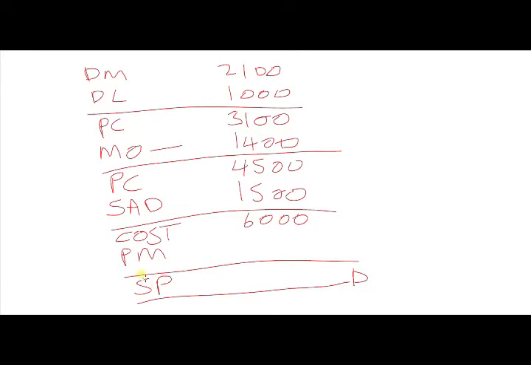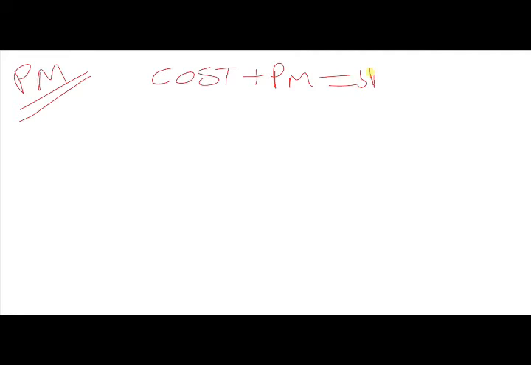The next step is to calculate the profit margin. For the profit margin, you need to remember this formula: cost plus profit margin is selling price. Now we do have our cost, which is 6,000, but we don't have the profit margin and the selling price.